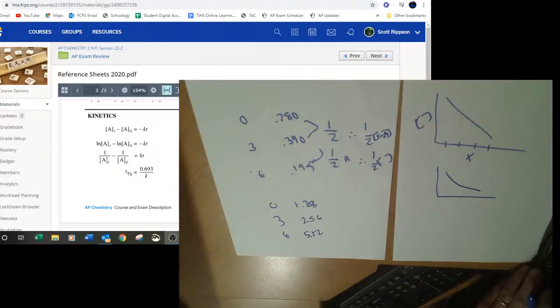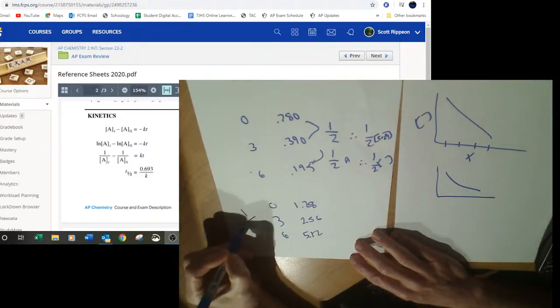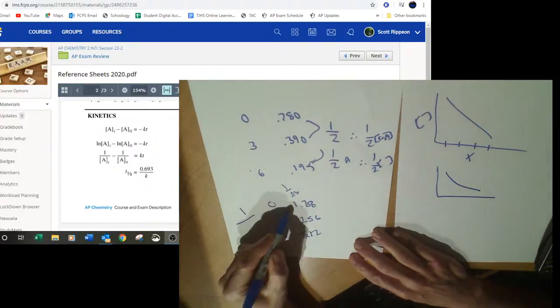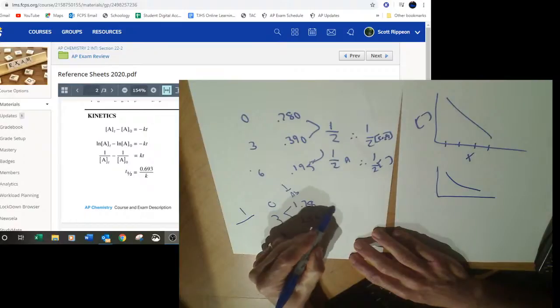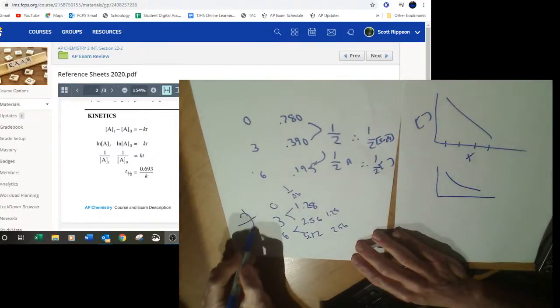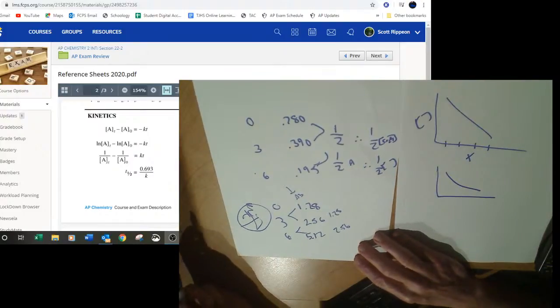Okay, so just a quick check. These are the 1 over the absorbances, and we notice real quickly that this change is 1.28, this change is twice that. So again, it's not second order because it's not linear when we do the 1 over data.